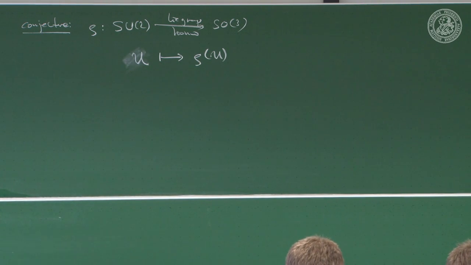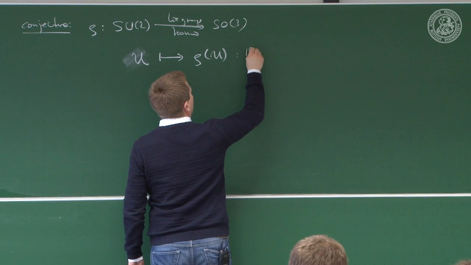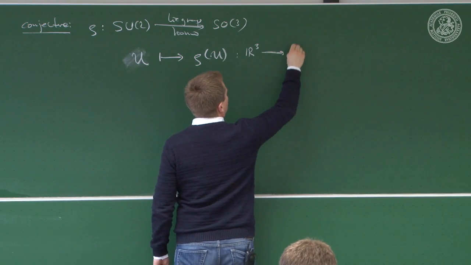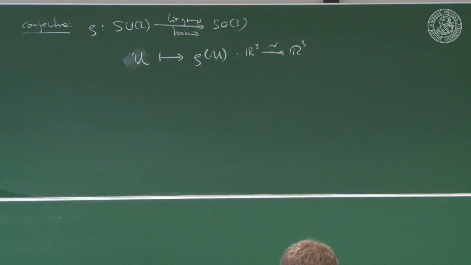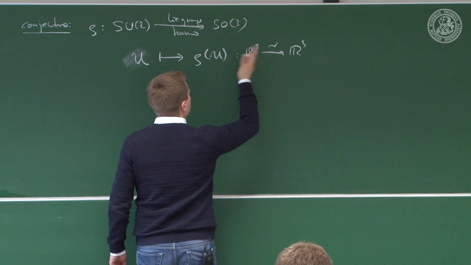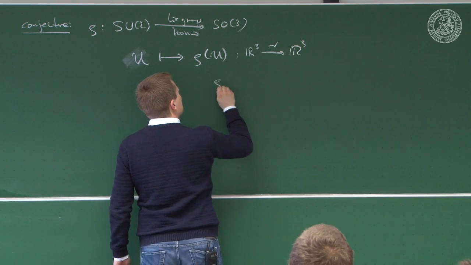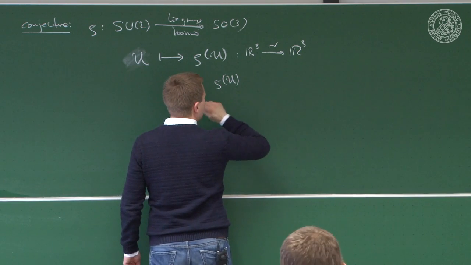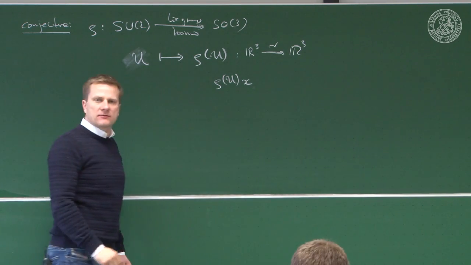And now I need to tell you what this map Rho of U looks like. So if it lies in SO3 and should lie in the defining representation of SO3, it needs to be a linear map from R3 to R3. Now this map I define. So I define this image as a map because the image is a map. Okay? So this is Rho of U acting on a little x that comes from R3.